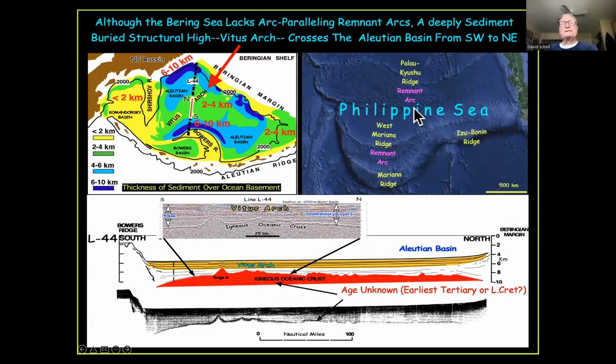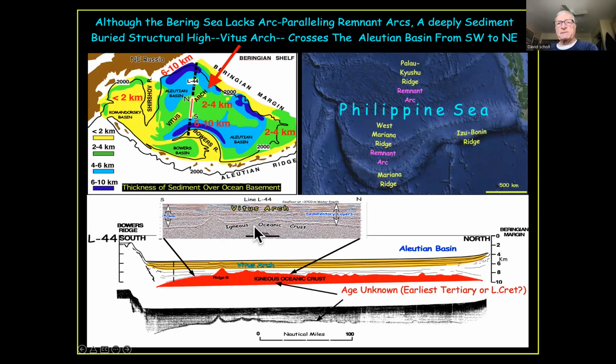What's going on? However, in work that we were doing up there, we did find a ridge across the deep part of the Bering Sea, the Aleutian Basin, called Vitus Arch, which Al Cooper named. It was a shallower part. Line 44 cuts right through here. There's line 44. And this was Vitus Arch, but it was also at kind of right angles to the Aleutian Ridge, at least out through here.